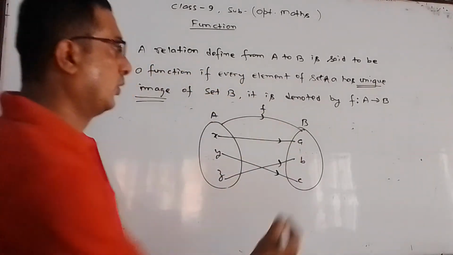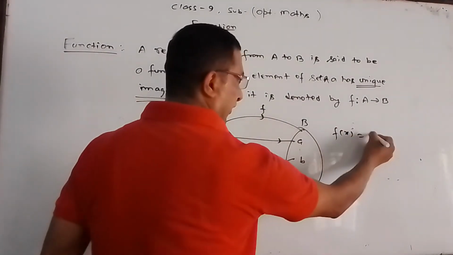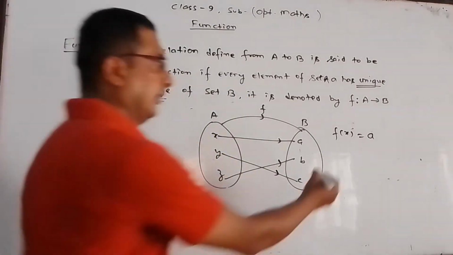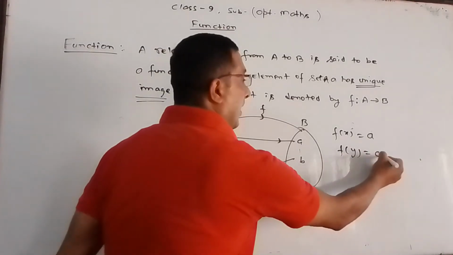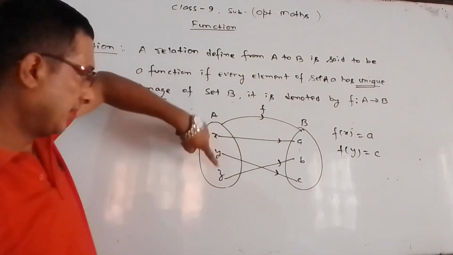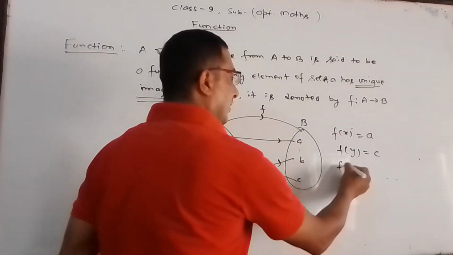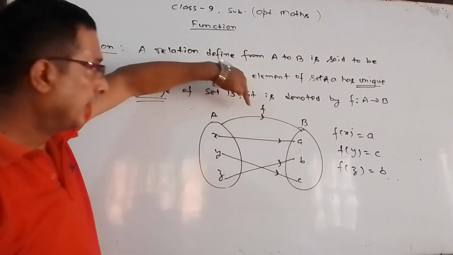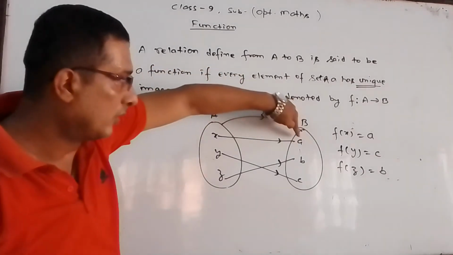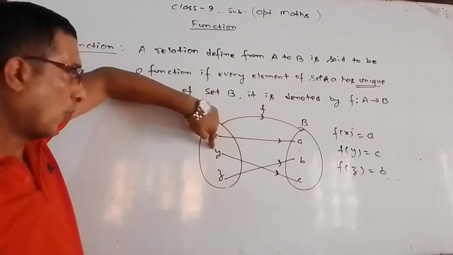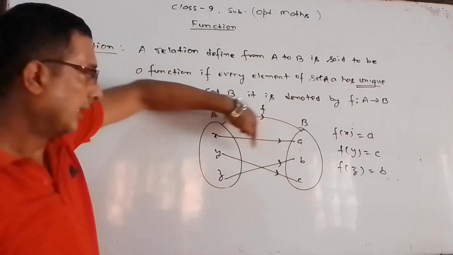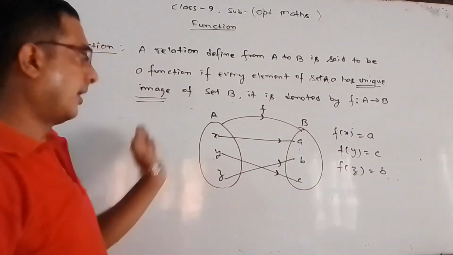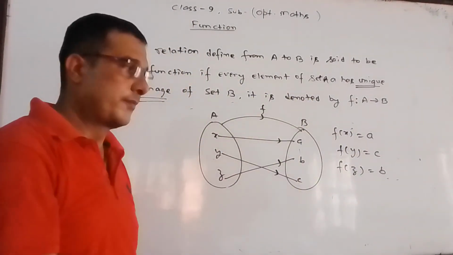F of x is equal to A. F of y is equal to C. F of z is equal to B. Again, if the function is written, f(x) is equal to A, f(y) is equal to C, and f(z) is equal to B. So it is another way to write the function.